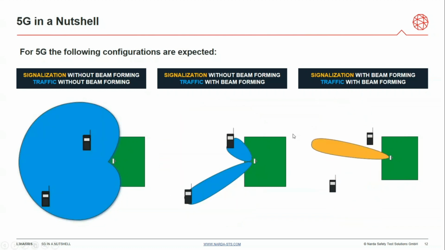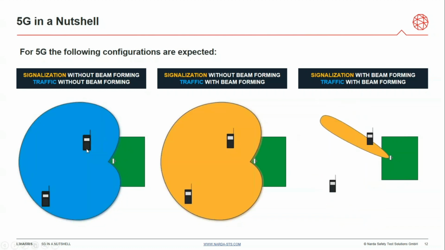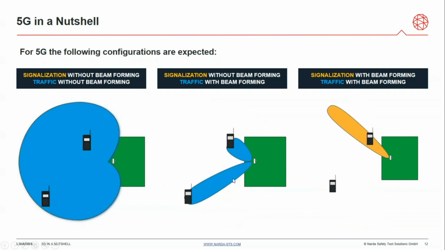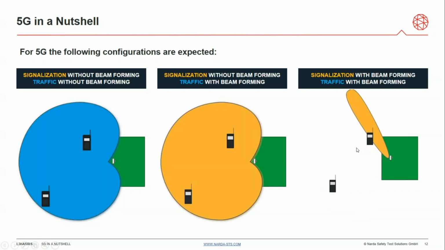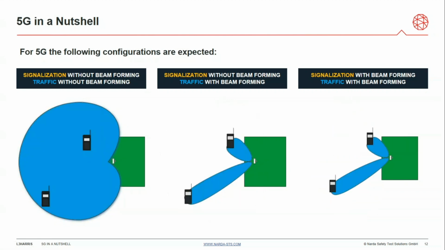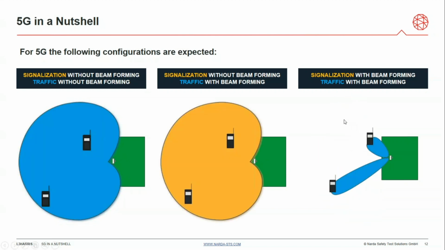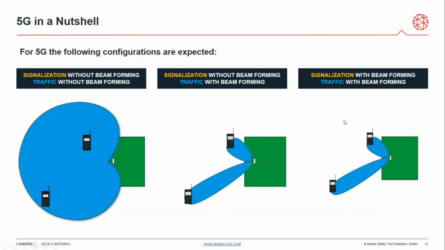We will see a lot of other installations like the first one and the second one for the upcoming time. But the target is to make the best use out of the technology, and that would be pretty much the situation on the right hand of the slide.